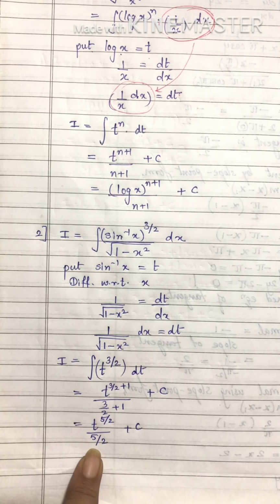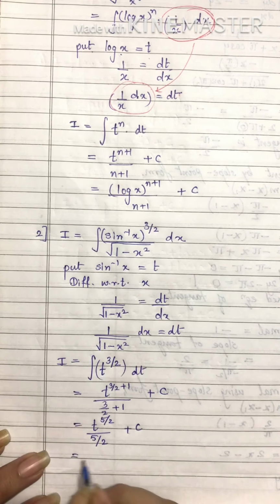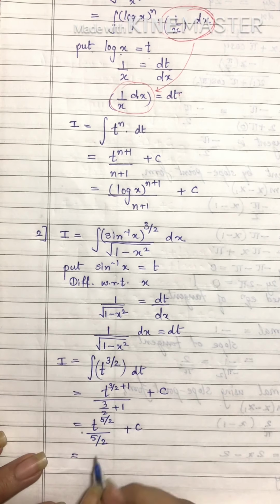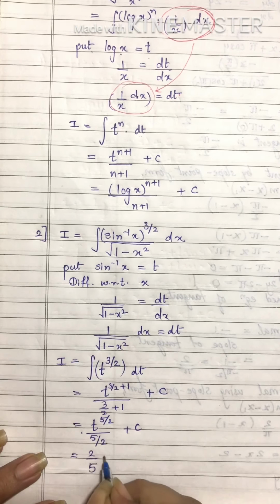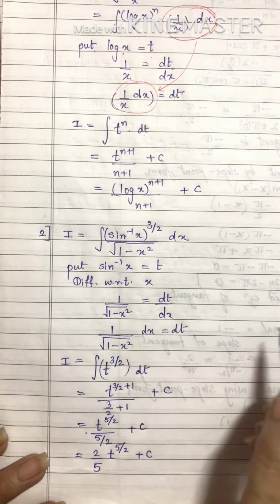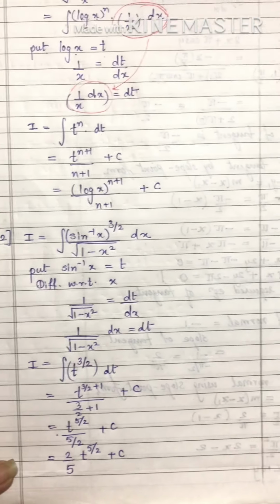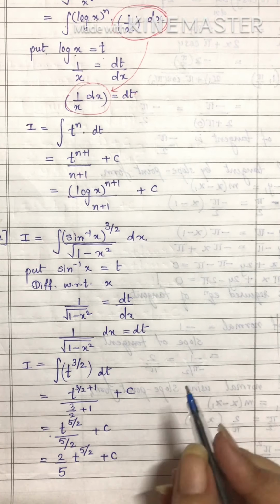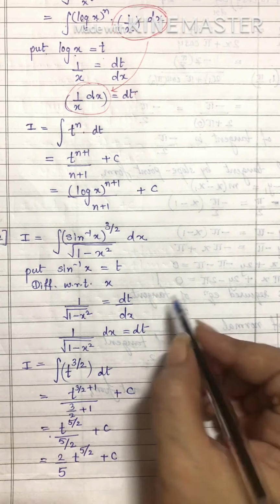This denominator 5 upon 2 I am taking as a numerator here. So we will get 2 upon 5 t raised to 5 upon 2 plus c. Okay, so what would be our next step here?